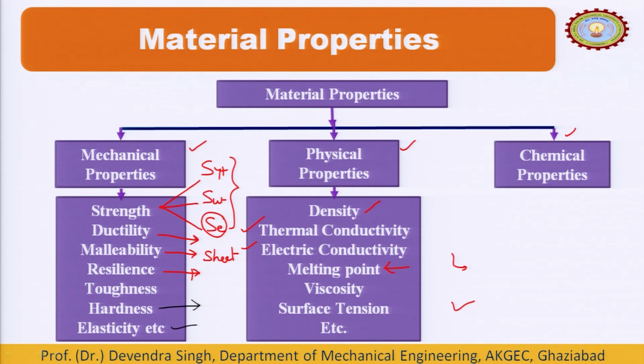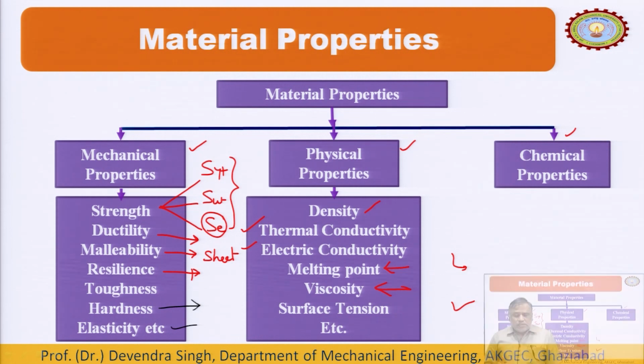And viscosity. Viscosity is another physical property. There are a number of applications where we come across it, like in lubrication, where viscosity plays a very important role. So the flow should be viscous or non-viscous, or it should offer resistance to flow, or it should make a film.